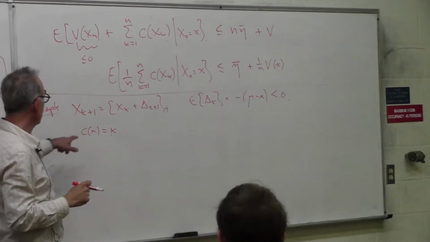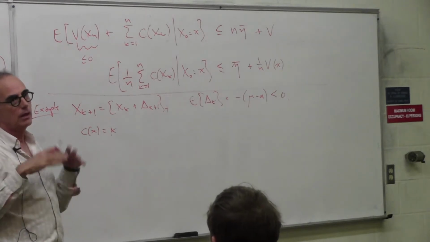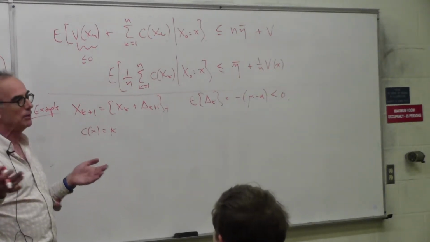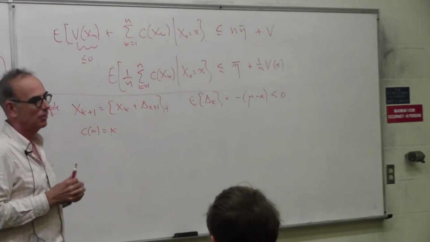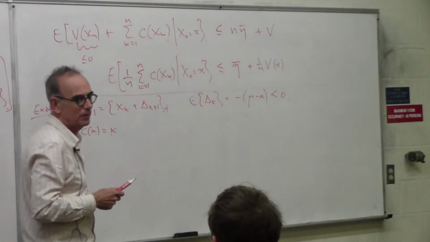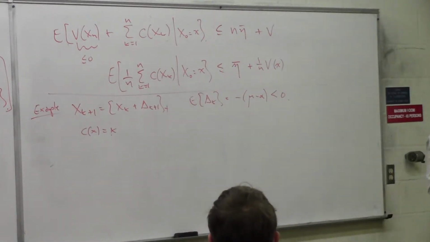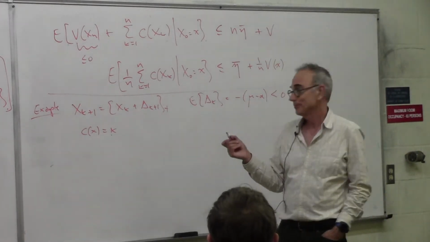You take your cost function to be just x because you're interested in the mean, the average number of people waiting in line, and maybe you care about the variance as well. So practically you don't ever have a quadratic cost function. Can anybody think about what kind of Lyapunov function would work? We could just play. So this is linear. You could try a linear function.